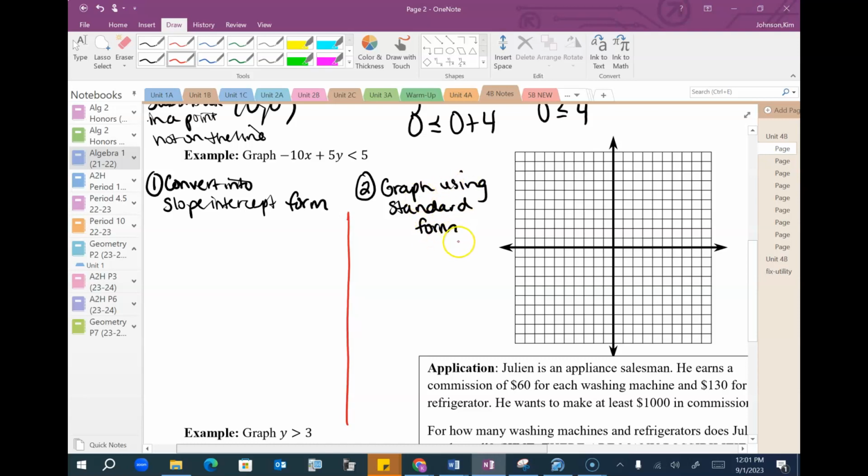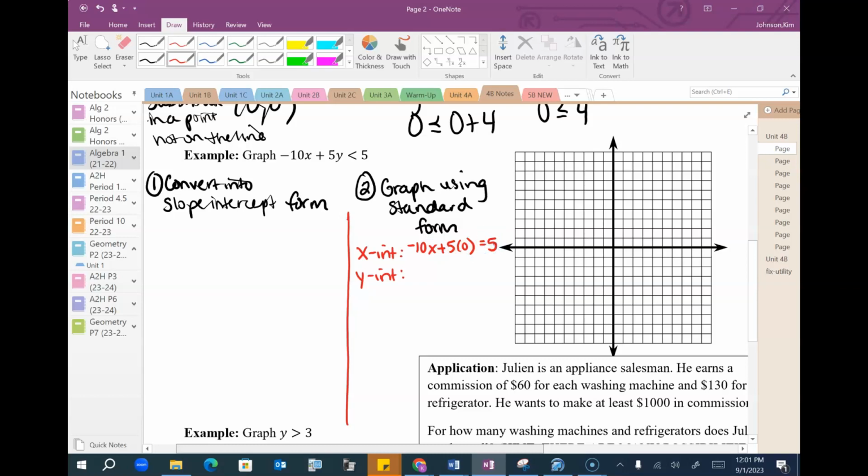So first I'm going to go ahead and graph this in standard form. In standard form, I would identify the x-intercept and the y-intercept. To find the x-intercept, I want to substitute in 0 for y. So negative 10x plus 5 times 0 has to equal 5.